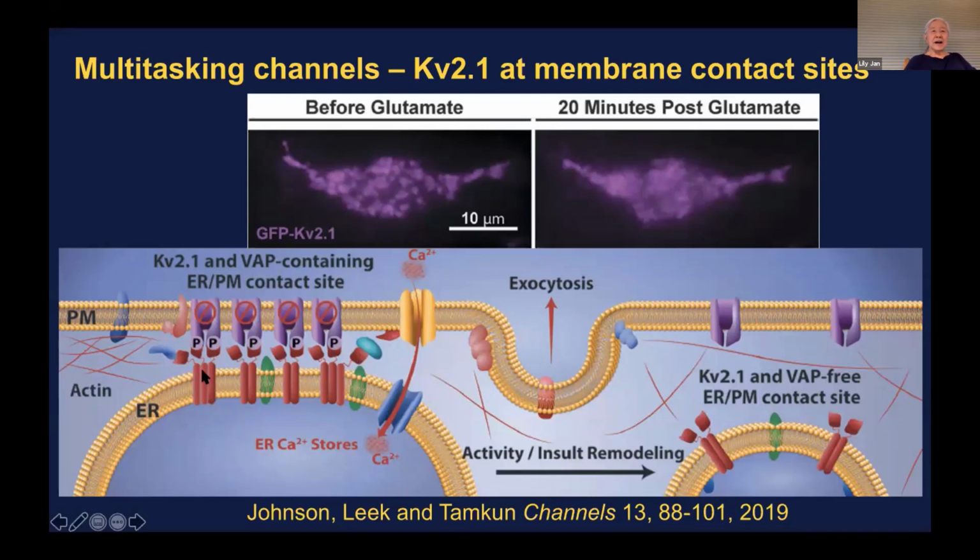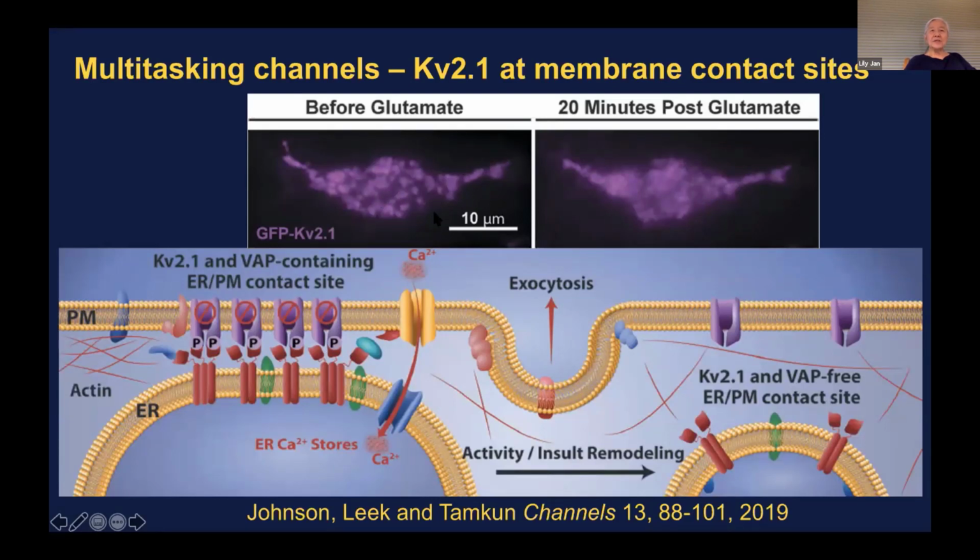And these ER plasma membrane contact sites are located close to calcium channels and also close to a traffic hub for channel insertion and for exocytosis involving dense core vesicles.